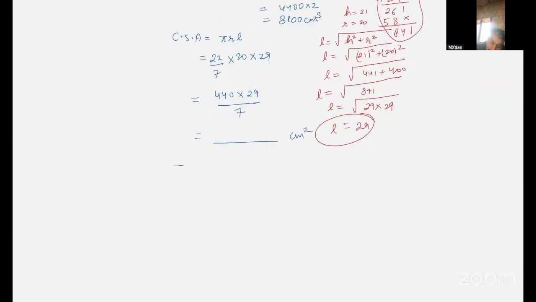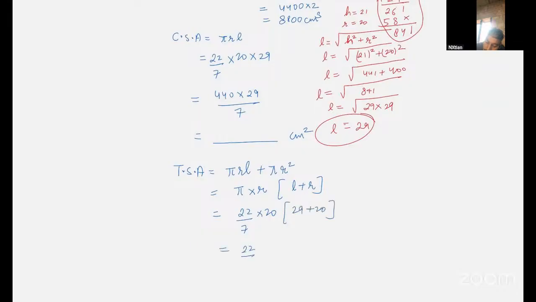And for the TSA, it is pi r L plus pi r square. So pi, r is the radius, and I can take out pi r common, and it will become L plus r. So pi is 22 by 7, radius is 20, and L is 29 plus 20.